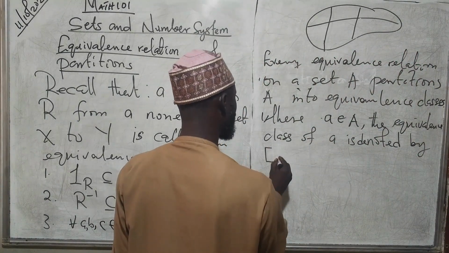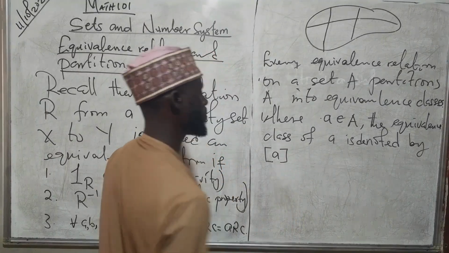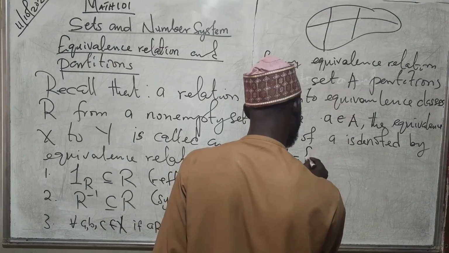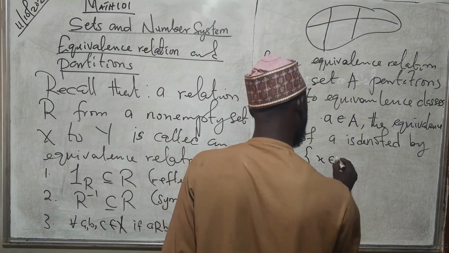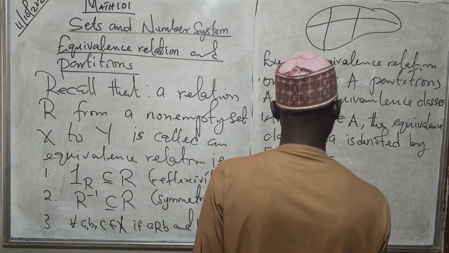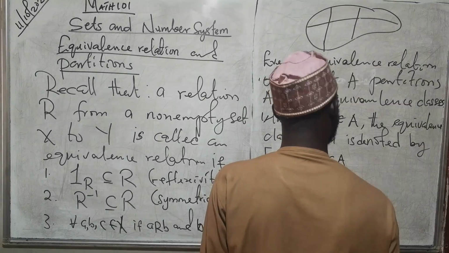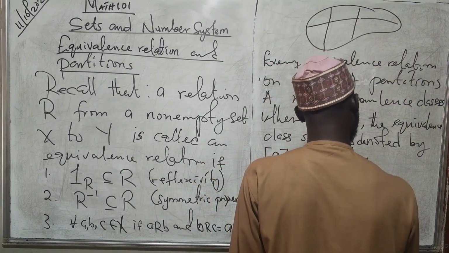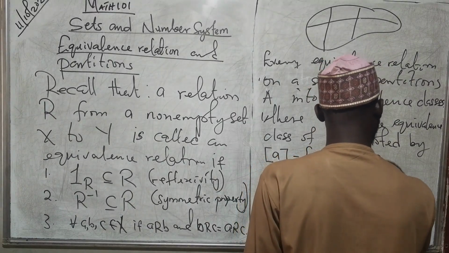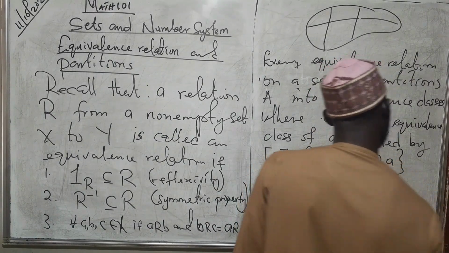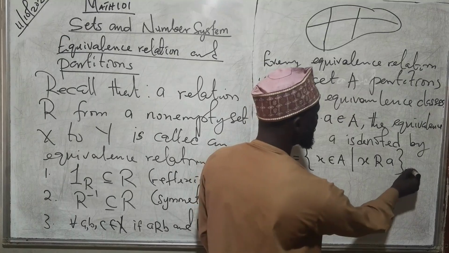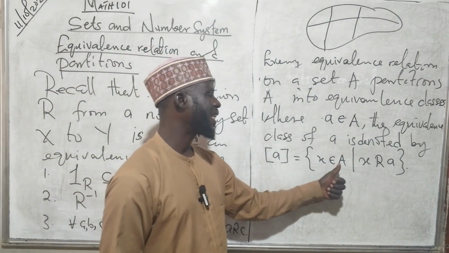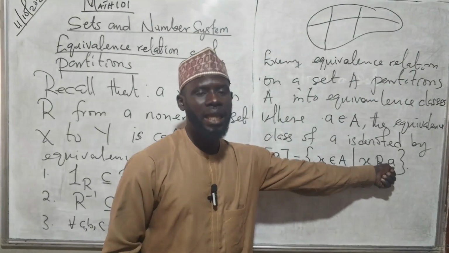So this is the equivalence class of A, and it is defined by the set of X in A such that X is related to A. Meaning the equivalence class of A contains all the elements of A that are related to the element A.